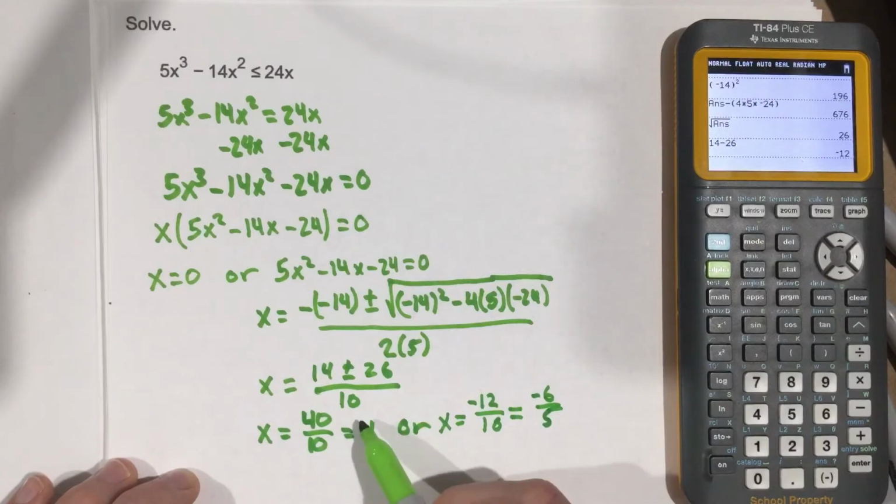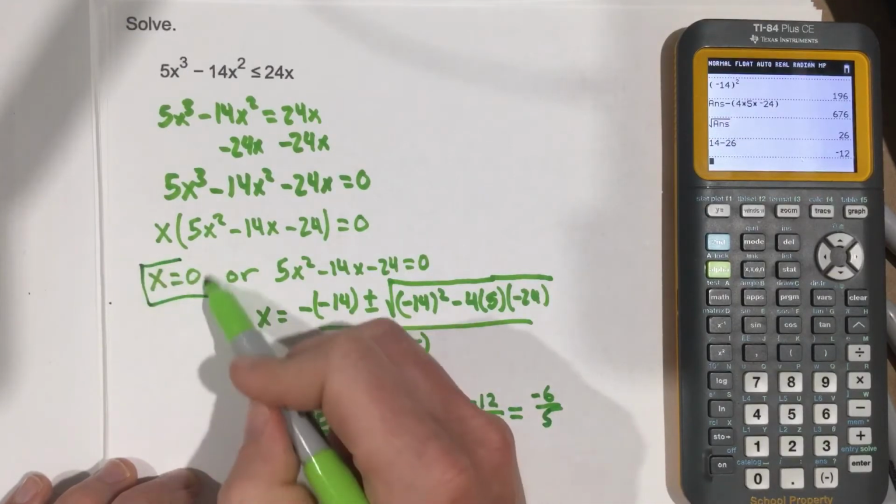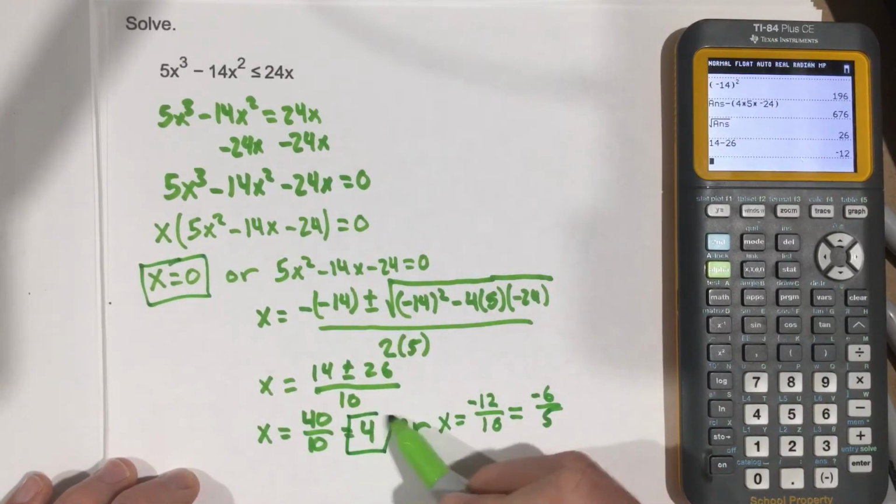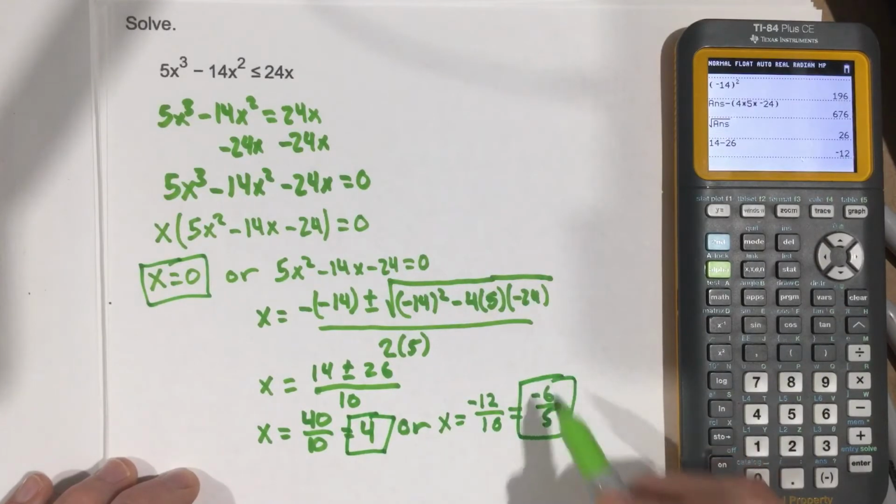So my roots are 0, 4, negative 6 over 5.